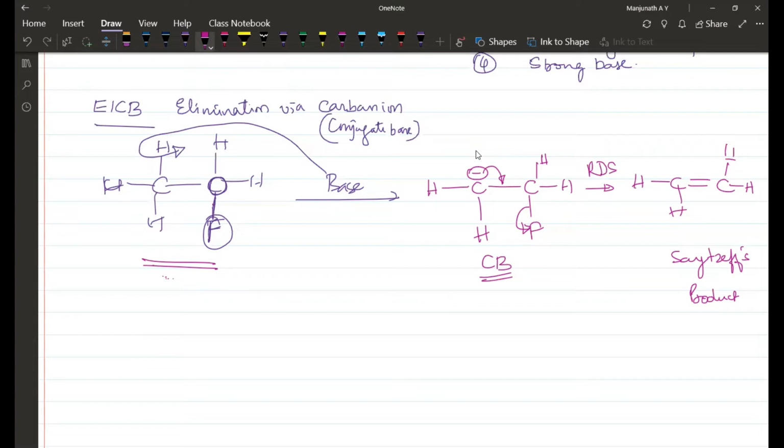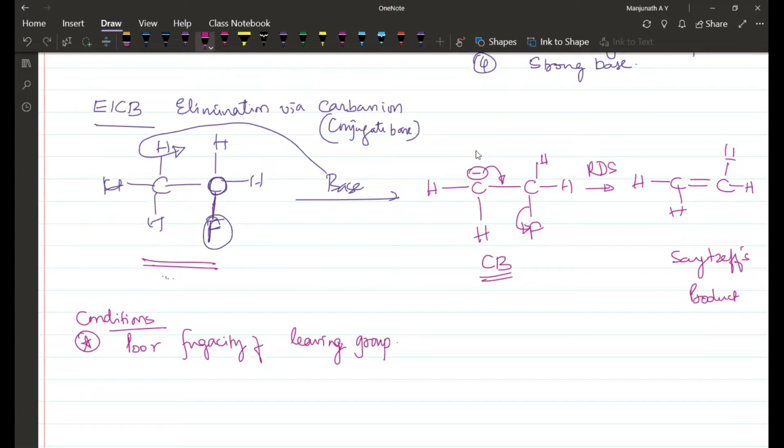So here you should know the conditions for E1CB to occur. Only in such conditions will E1CB occur. What is the condition? Poor fugacity, or poor leavability, of the leaving group. Poor fugacity means it does not prefer leaving the molecule.